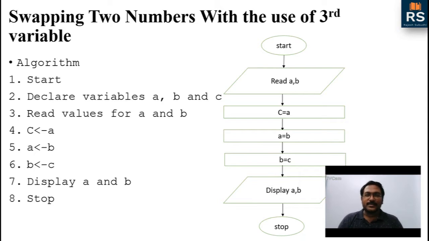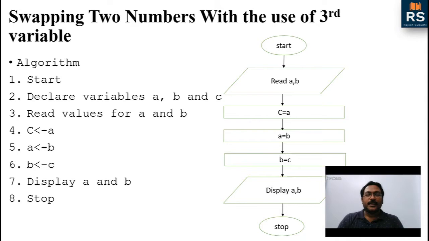As I mentioned here, this is the algorithm and this is the flowchart. In the algorithm, the first step is start, and we have to declare three variables, because our problem is swapping of two numbers. So you have to store two different numbers in two different variables. Declare variables a, b and c.